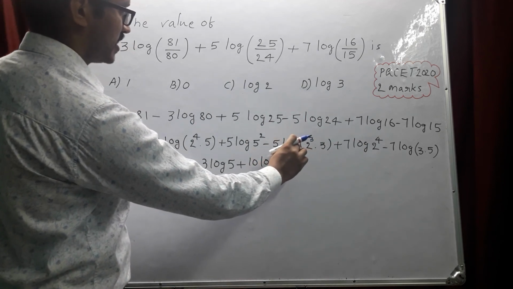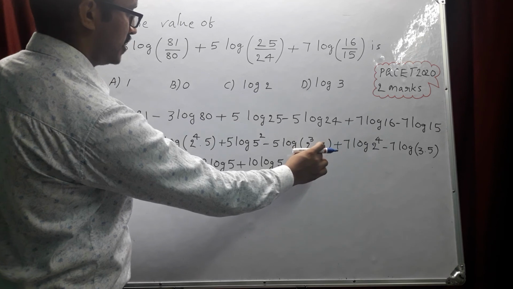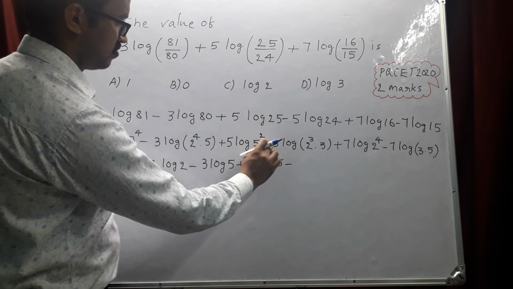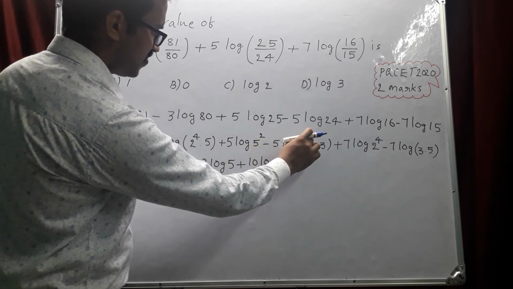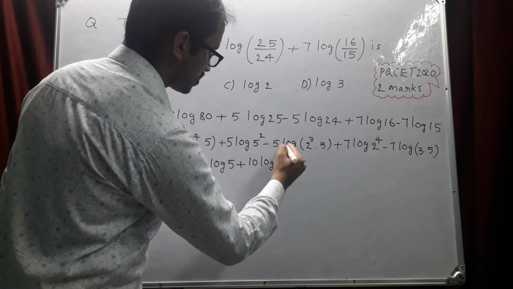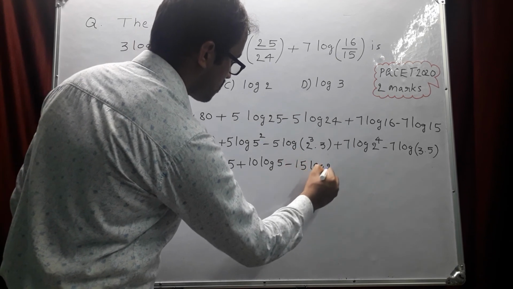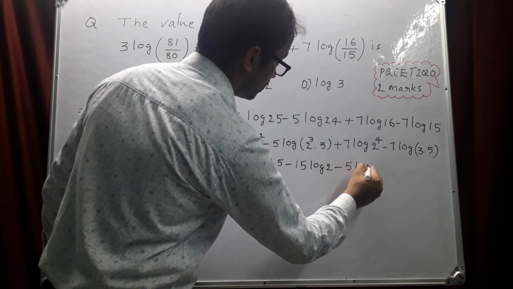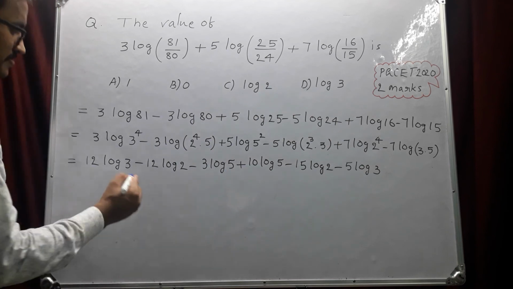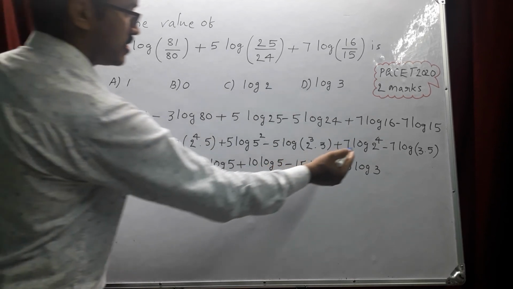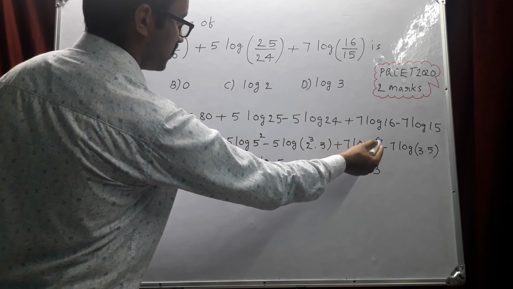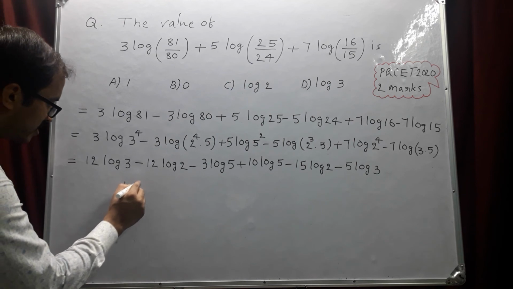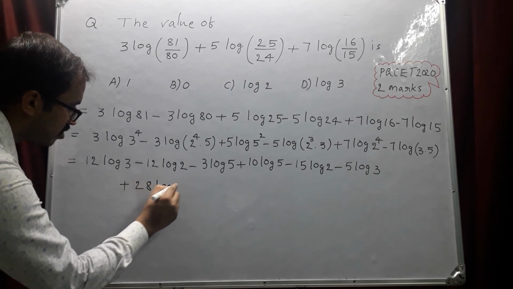Here we have to use again those two properties. Log a into b can be written as log a plus log b. Again log a power b can be written as b log a. Since we have minus here, 5 3s are 15 log 2 minus 5 log 3, plus, here log 2 power 4, we can write it as 4 into log 2. 7 4s are 28, 28 log 2.